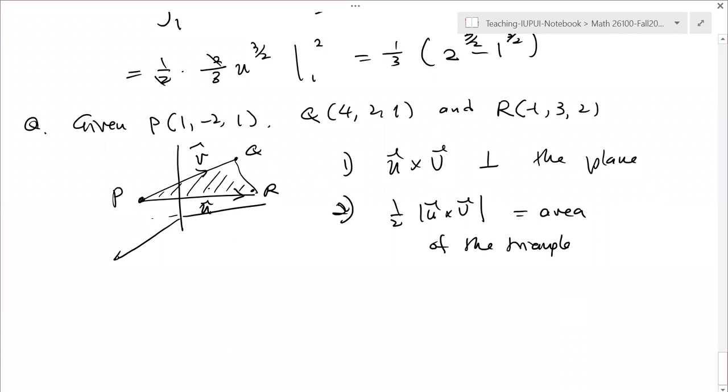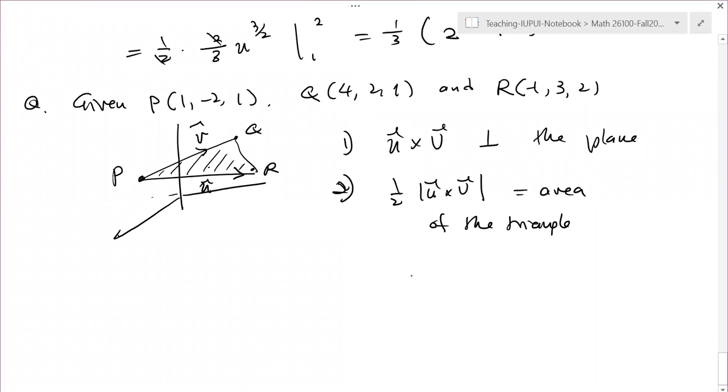The reason is, if this angle is theta, the cross product gives the length of u times the length of v times sine theta.